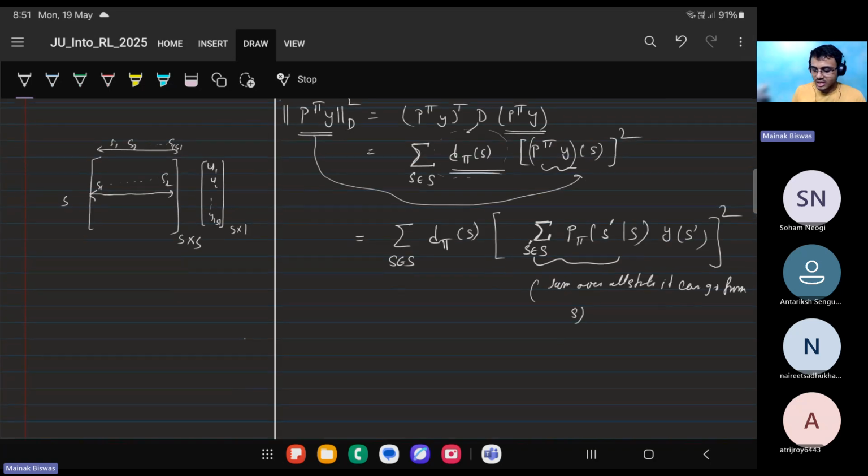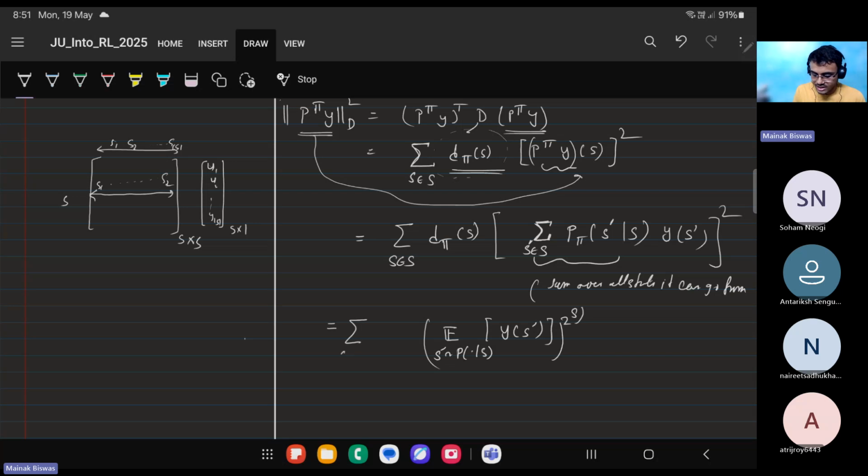Does the inner summation resemble something? I will write it down for you and then you may be able to appreciate it. It's an expectation of y of S dash, and then the square of the expectation, right? Yes, we have a square outside the expectation.